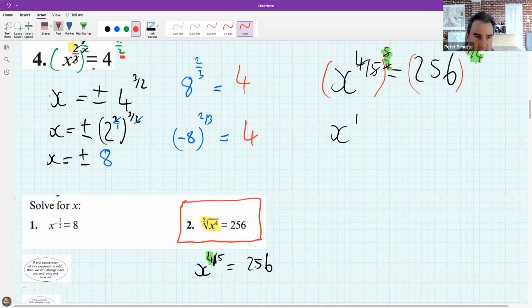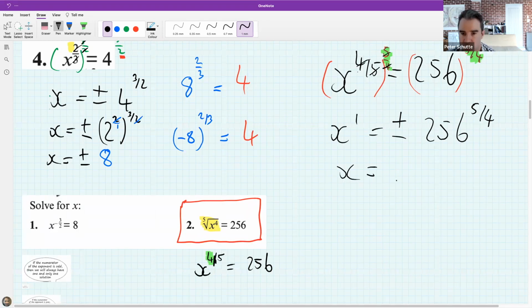So then I get x to the 1. But now because there was an even numerator, we are going to add the plus minus here. And then we get left with this. And because I'm allowing you to use your calculator, you should be able to get an answer for me straight from there.